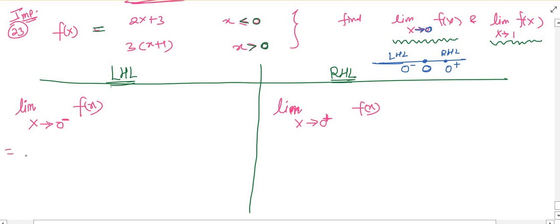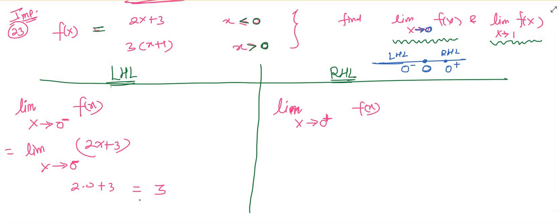So let me write down limit x is tending to 0 minus of 2x plus 3. I have taken the upper one. Now x is very close to 0. Just put 0 and check the answer. So 2 into 0 plus 3 is 3. So this is LHL.